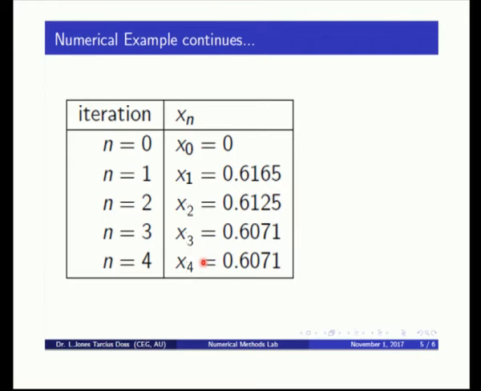So, you can stop the iteration there. Numerically solving by hand you can go up to 4 or 5 iterations, but you can write code for this and run it, and you can go up to say 100 or 1000 iterations.